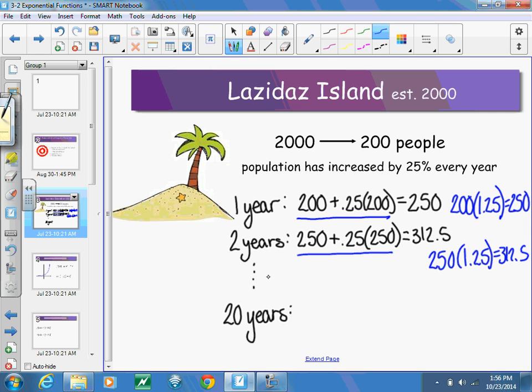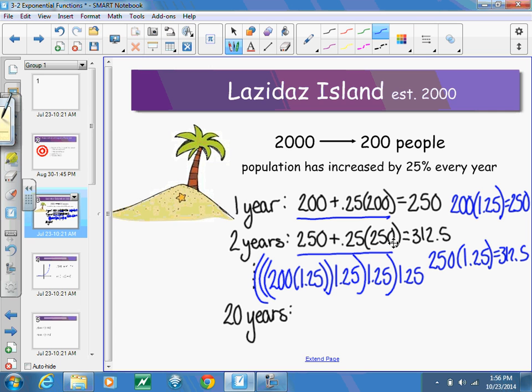If we kept doing this, starting with our 200 and multiplying by 1.25, then taking that answer times 1.25, after the third year I would multiply by 1.25, after the fourth year I'd multiply by 1.25 again. If I'm looking for the 20th year, I'm going to multiply by 1.25 20 times.